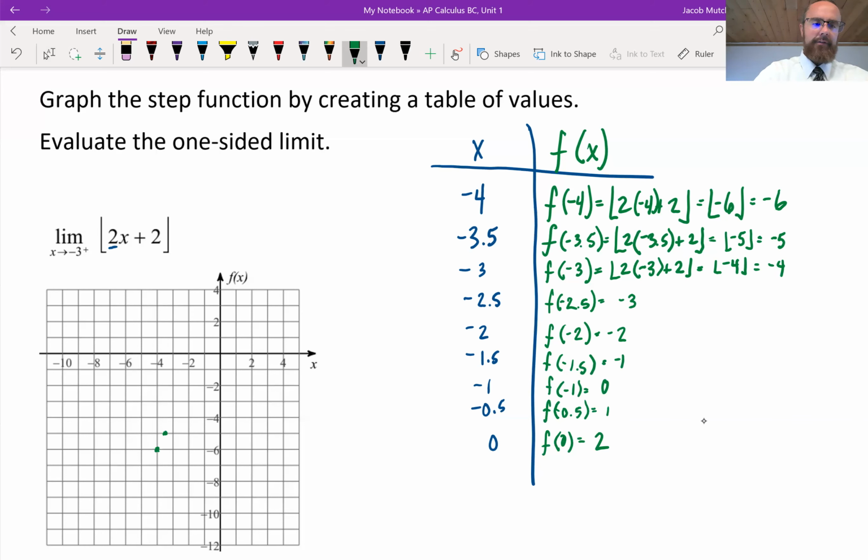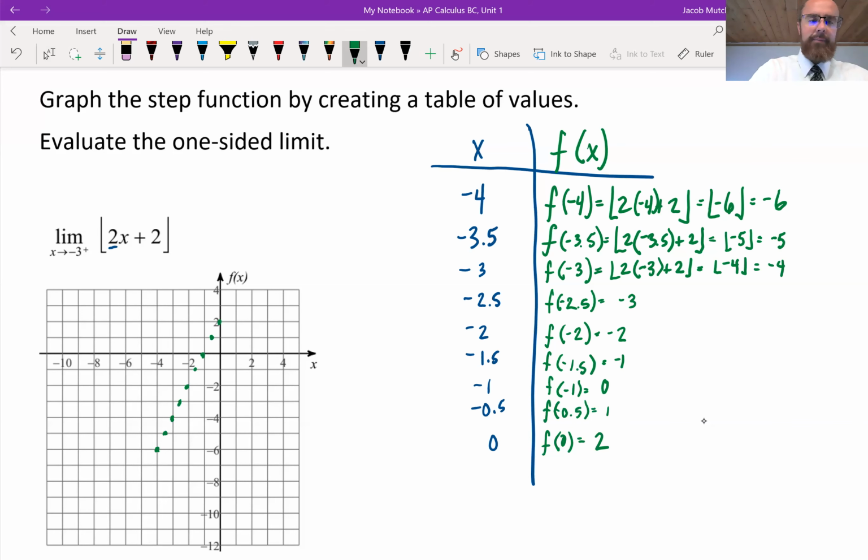At -3, I'm at -4. -2.5 is at -3, -2 is at -2, -1.5 is at -1, -1 is at 0, -0.5 is at 1, 0 is at 2. And those are the points that I evaluated in the table.